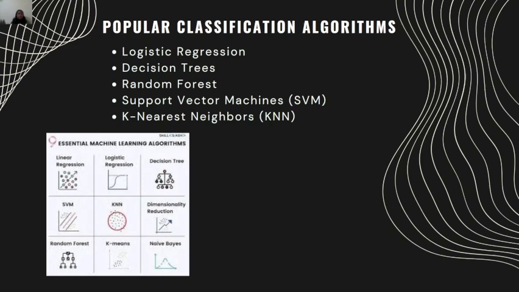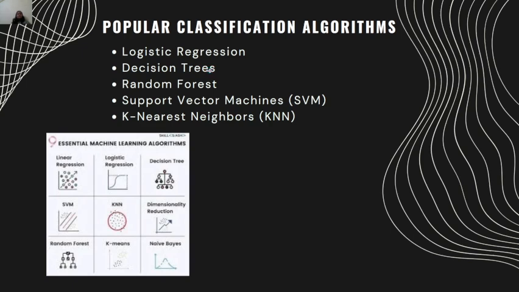Some of the popular classification algorithms are logistic regression, decision tree, random forest, support vector machine (SVM), and k-nearest neighbor, also known as KNN. Let's talk about the classification algorithms. Logistic regression, despite the name, is a linear model used for binary classification tasks. Then we have decision tree. The model splits data into branches to make decisions based on the features.